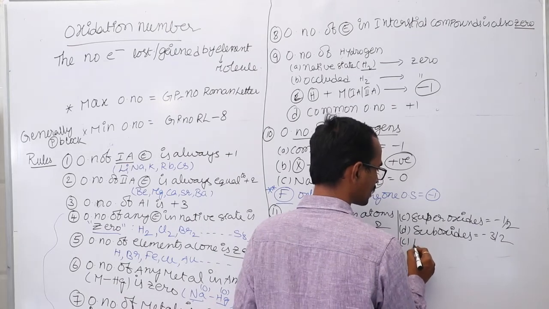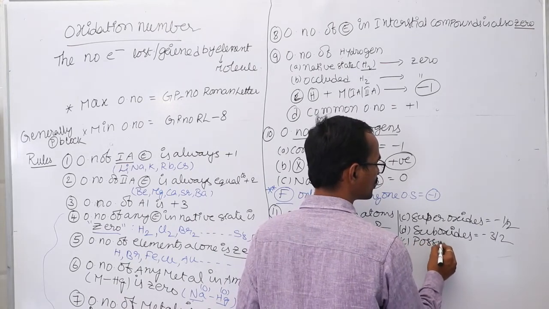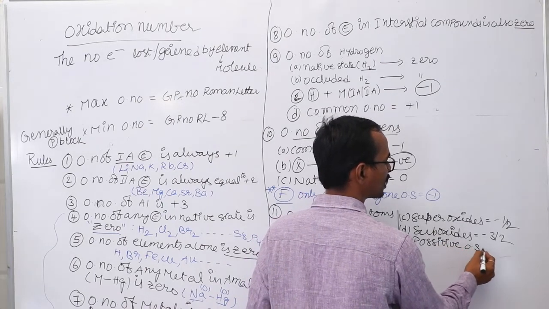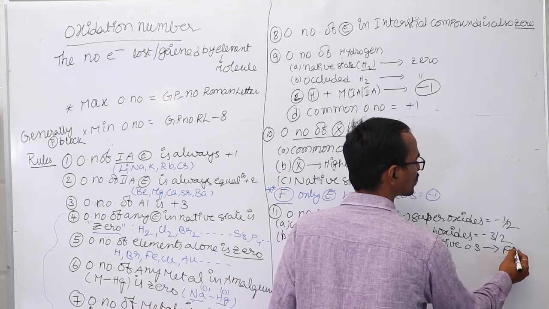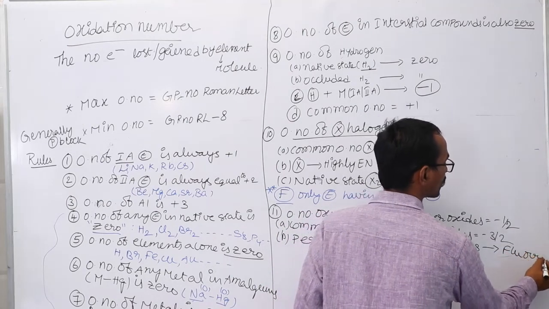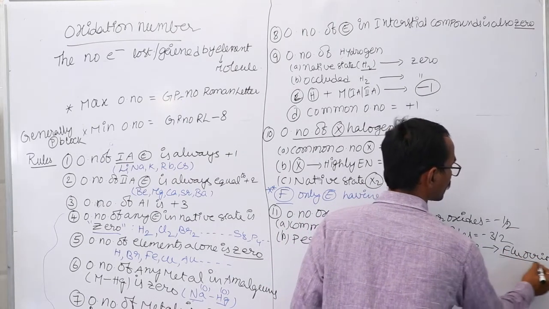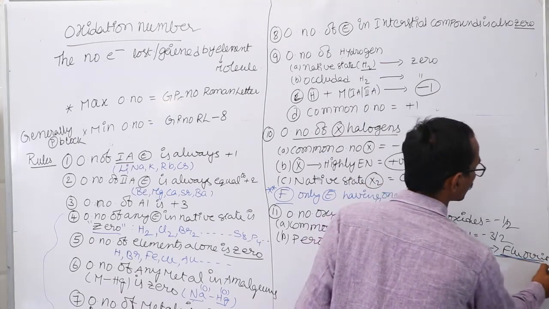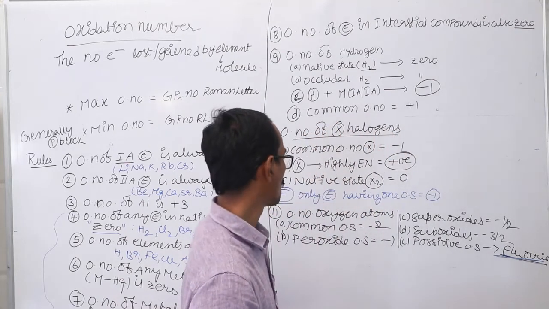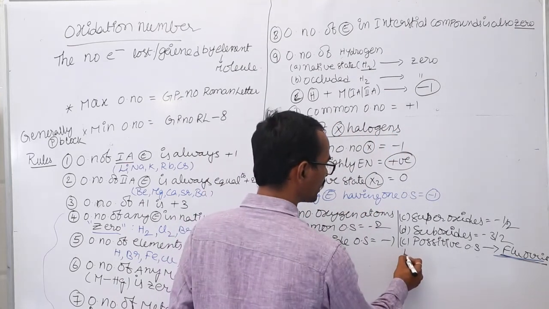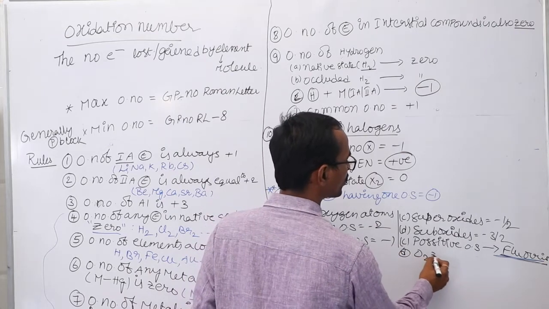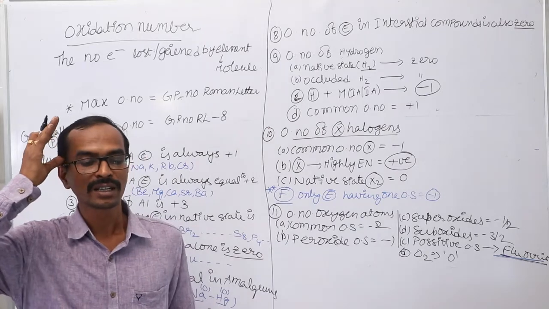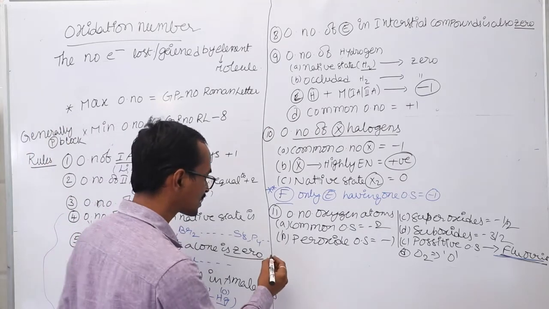Oxygen shows a positive oxidation state when it combines with fluorine. Most important point you have to remember: only when oxygen combines with fluorine does it show a positive oxidation state. And as O2, in native state, the oxidation state of oxygen is equal to 0.